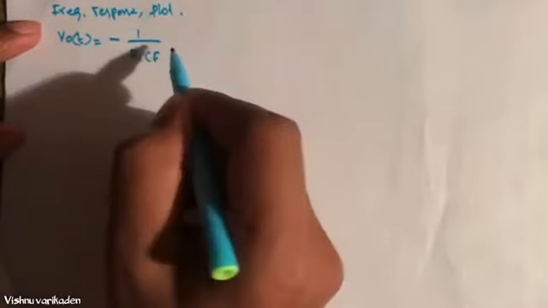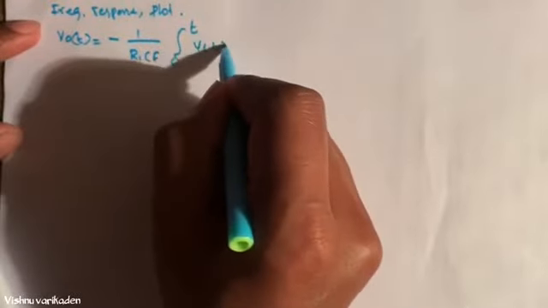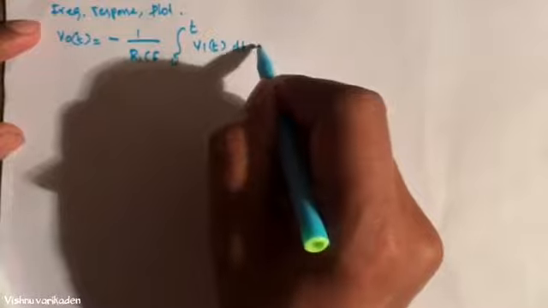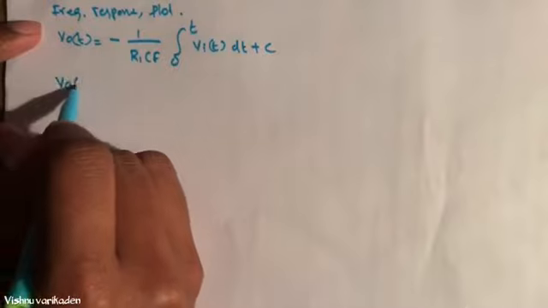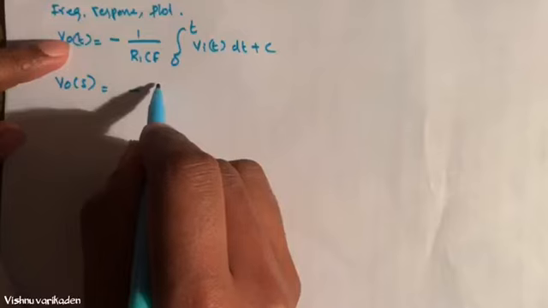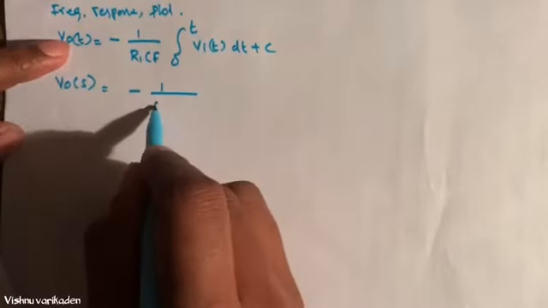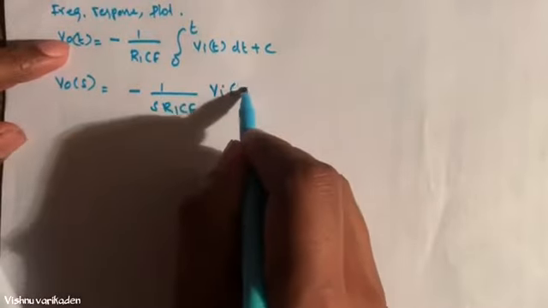The basic equation of the integrator is V0 of t is equal to minus 1 by R1 CF integral 0 to t Vi of t dt plus C. We can write this equation in the S domain, where the integration is replaced by 1 by S R1 CF into Vi of S.